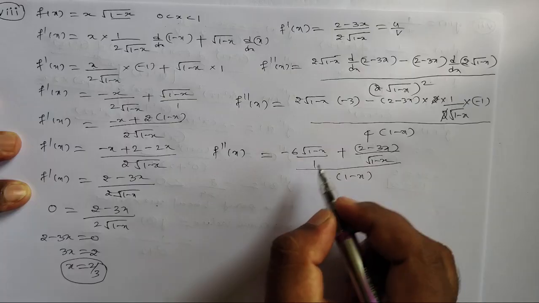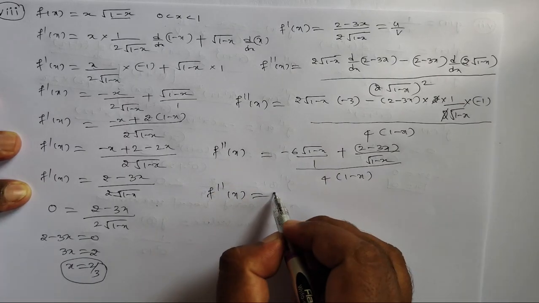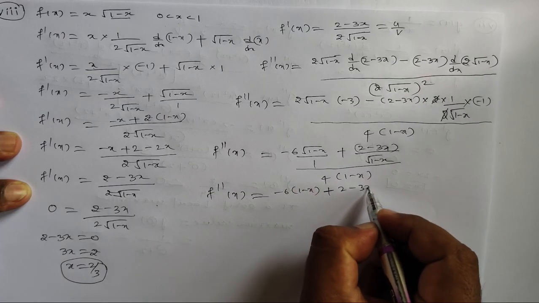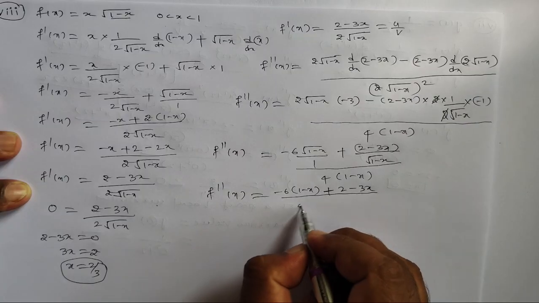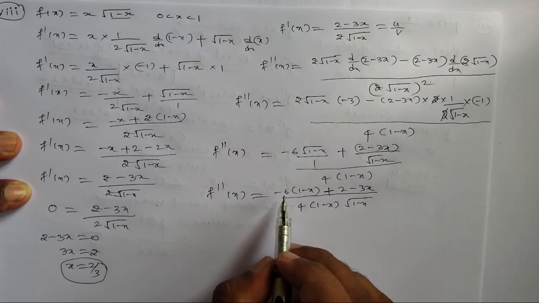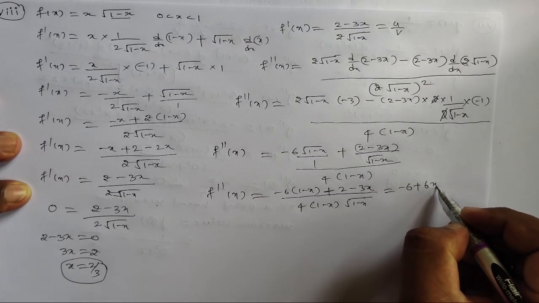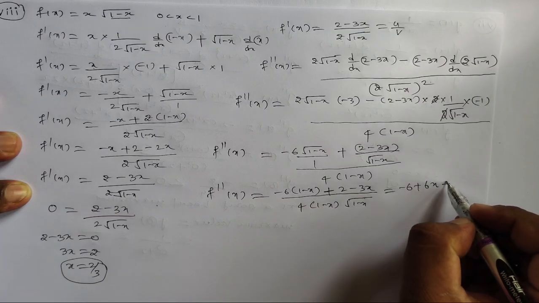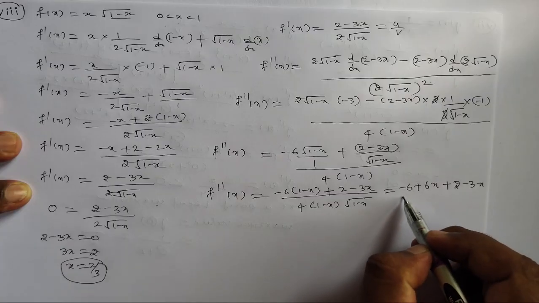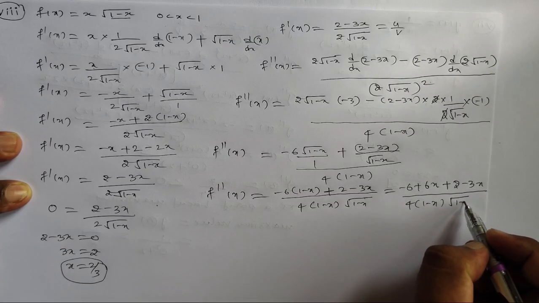Here take the LCM. f double dash of x is equal to, by cross multiplication, 6 into 1 minus x plus 2 minus 3x, divided by 4 into 1 minus x into root 1 minus x.